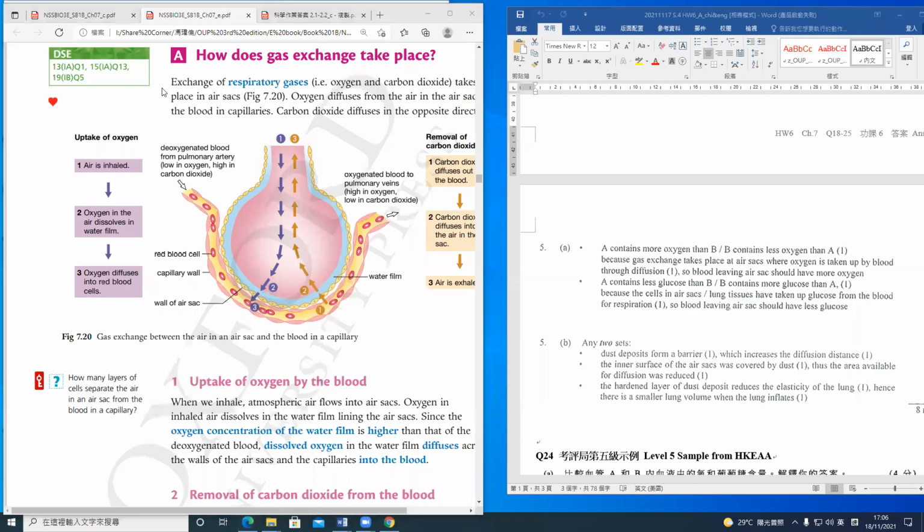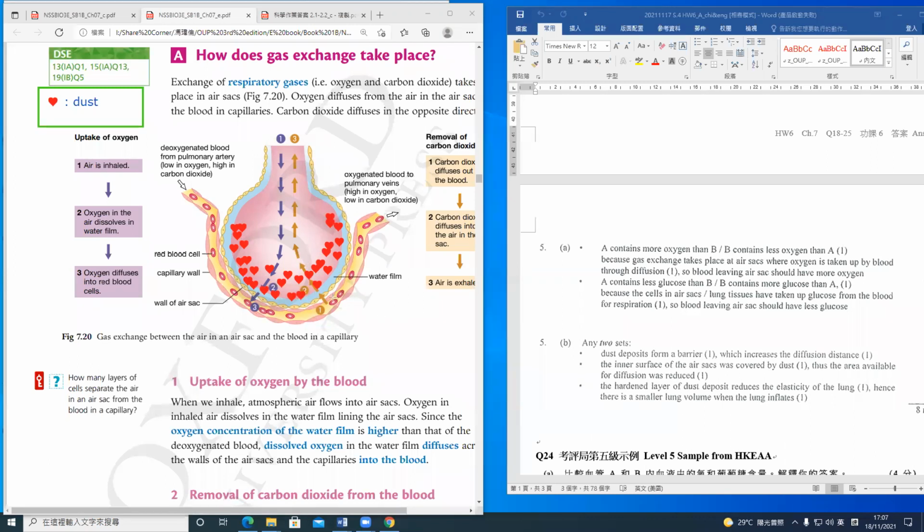I assume you understand. Let me use a heart to represent the dust. With this disease, we have lots of dust depositing on the surface of the air sac.